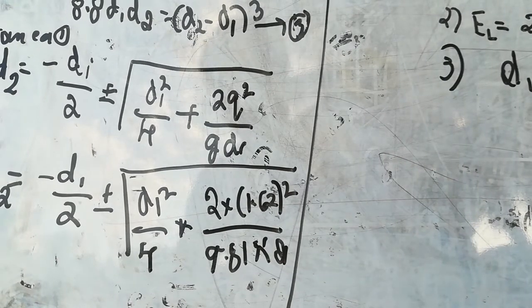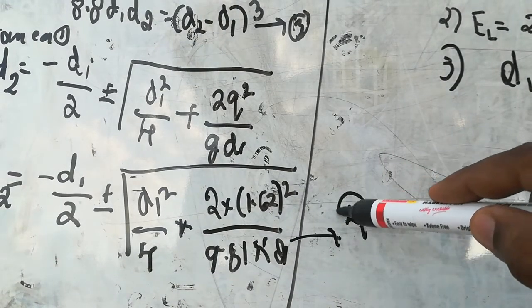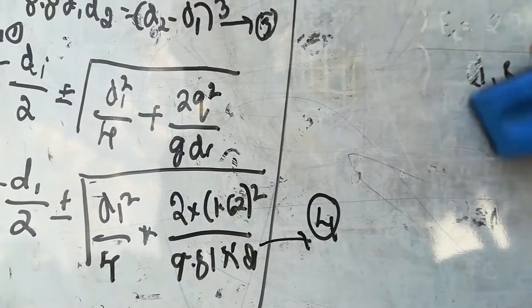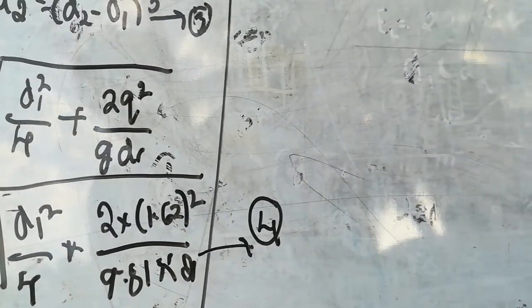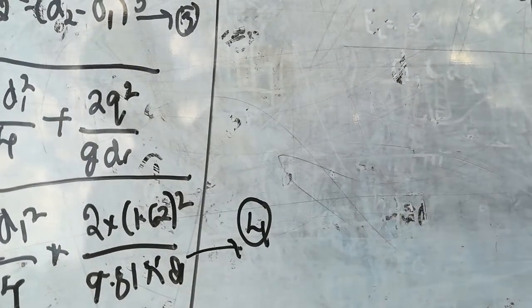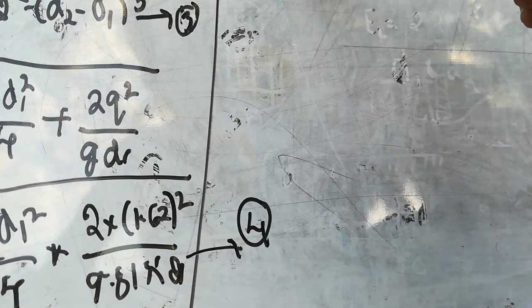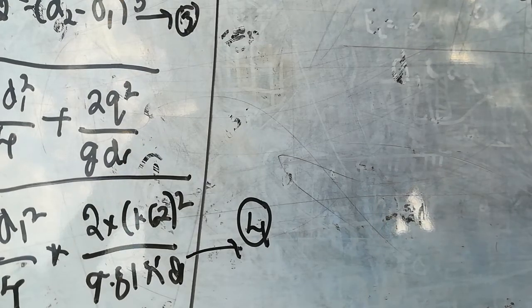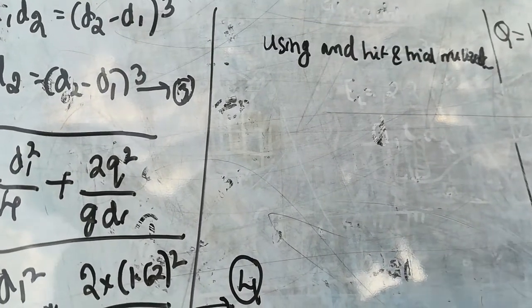This one we can write as equation number 4. The trial and error method we can try.